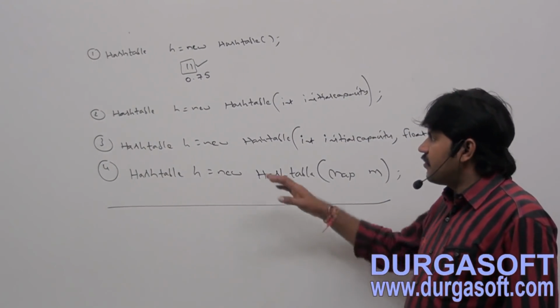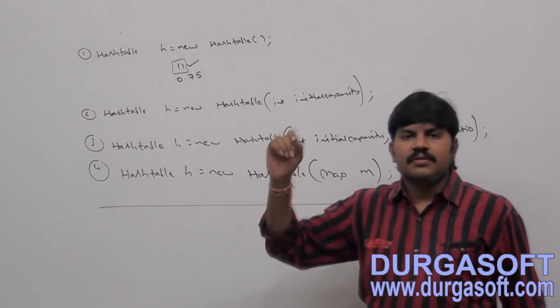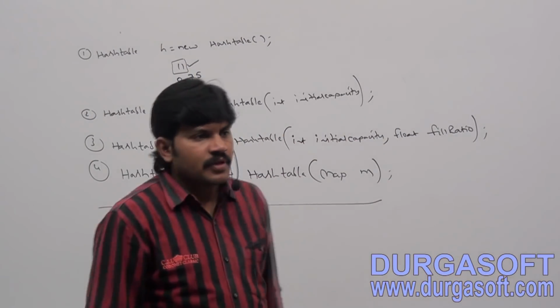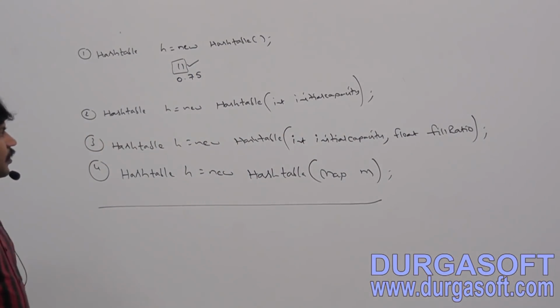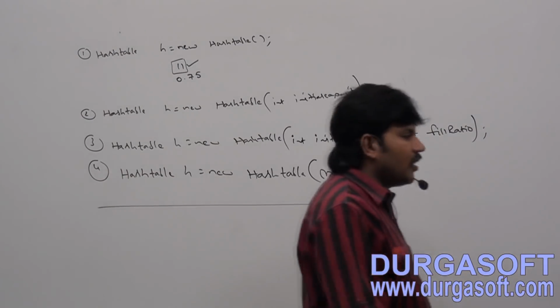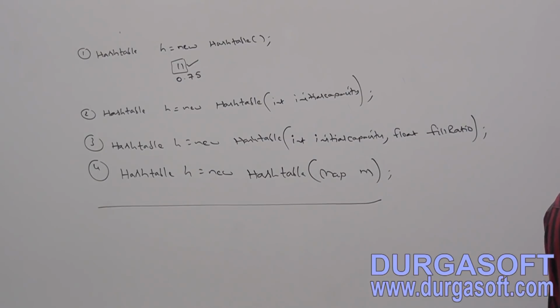Second one, hash table h is equal to new hash table of int initial capacity.